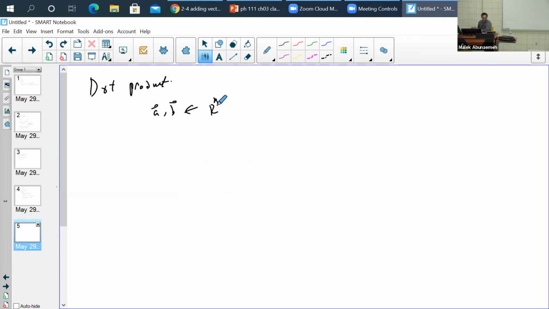The cross product, actually, let me just define the cross product, happens only in 3 dimensions. Now, the resultant of your dot product is always going to be a scalar. The resultant of a cross product is going to be a vector.